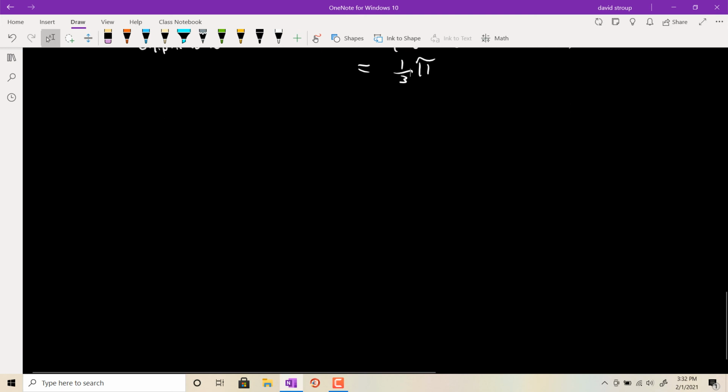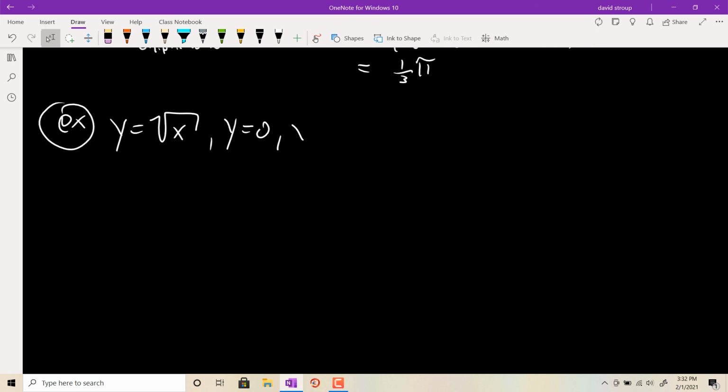Okay, let's look at another. This time we want to rotate y equals square root of x, y equals 0, x equals 3, about the x-axis. So get a picture of the region that we're working with.